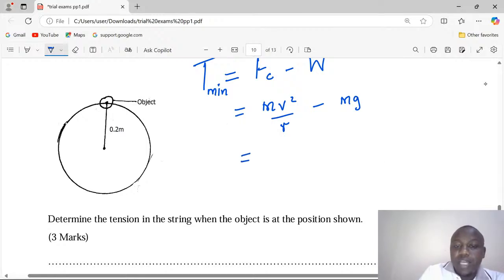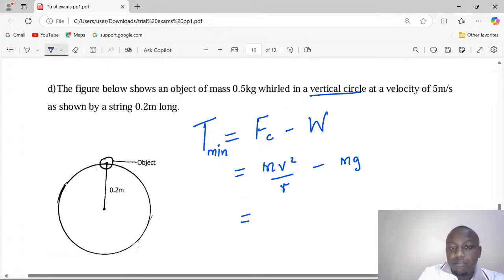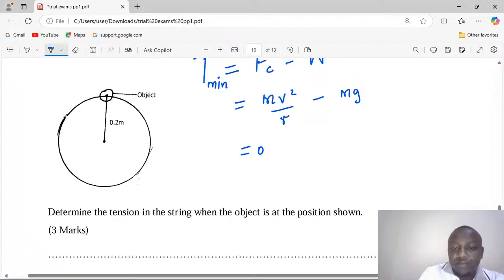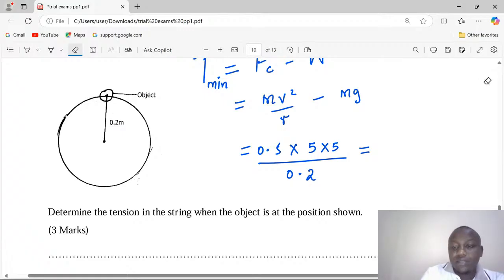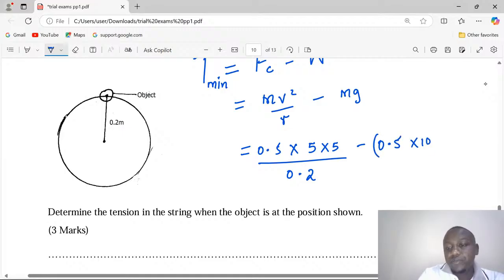So this is going to be 0.5 times velocity 5 squared divided by radius 0.2 minus mass times g.